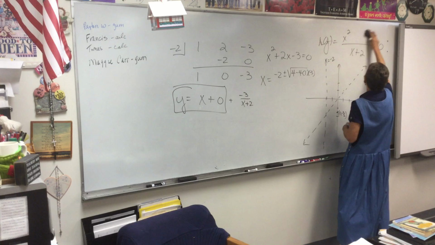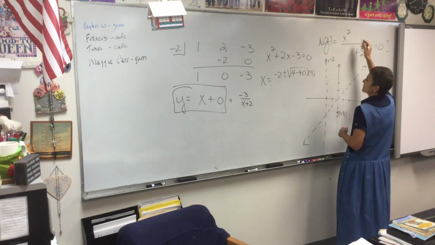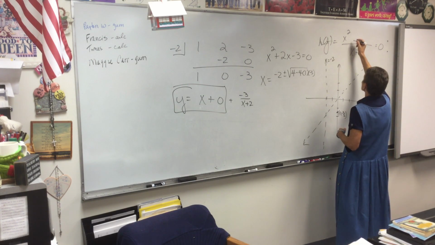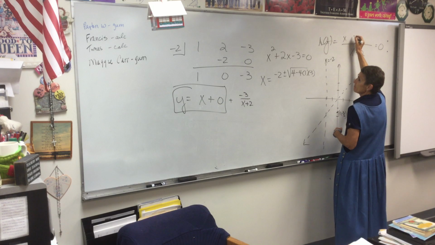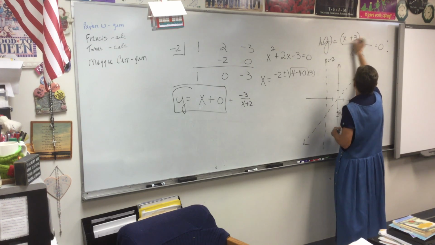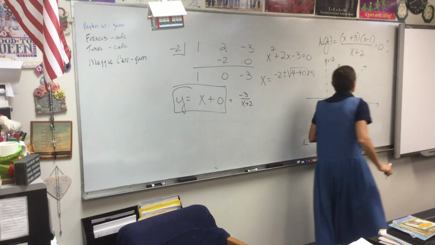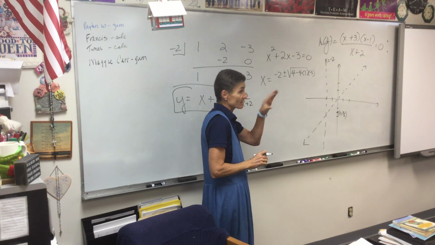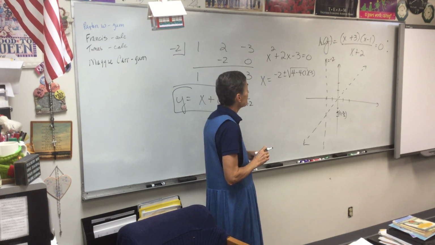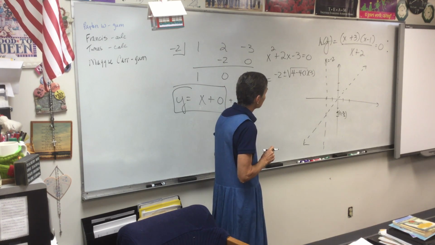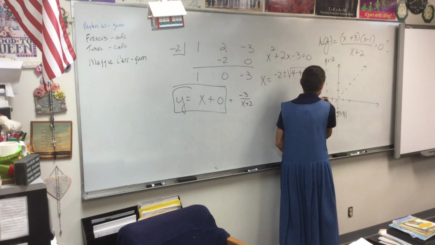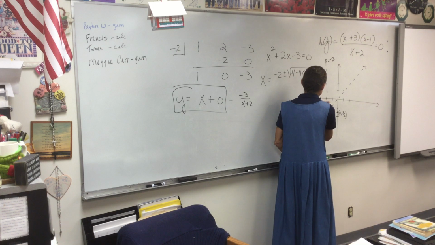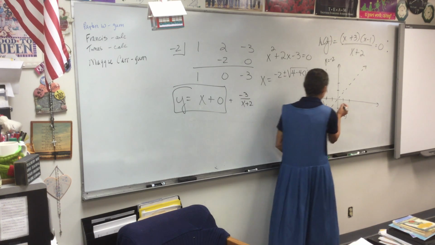That won't change a thing. It just makes it easier for me. The reason it doesn't change a thing is I still can't cancel. If I could cancel, then I'd have to do some rethinking. But nothing cancels, so I'm good. And I'm going to have x-intercepts then at -3 and +1.